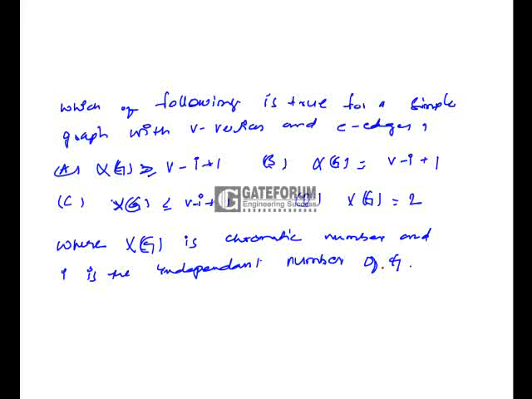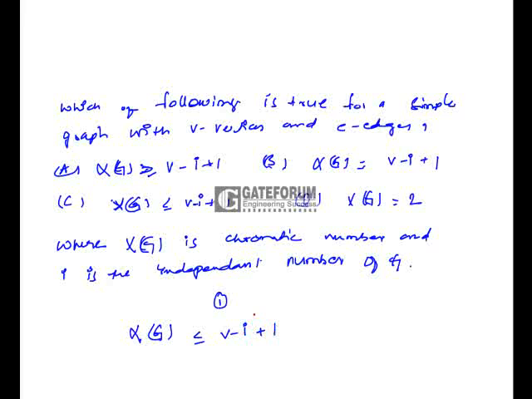So for all of those we need only one color, and for the remaining vertices the maximum number of colors would be V minus I, and if we include that one color for all the I vertices, then chromatic number will be maximum of V minus I plus 1.